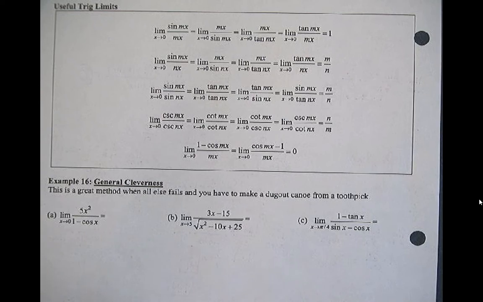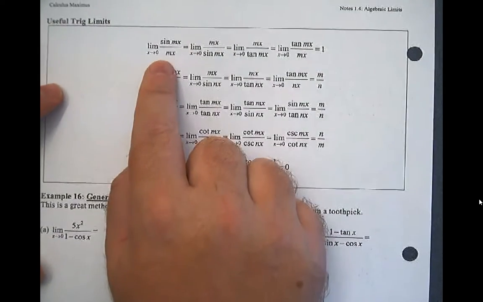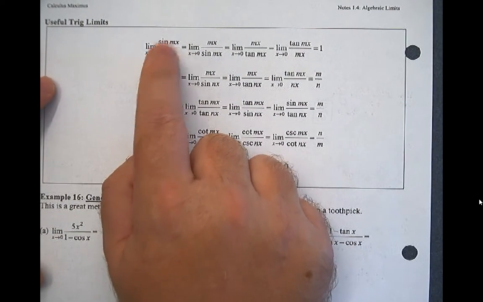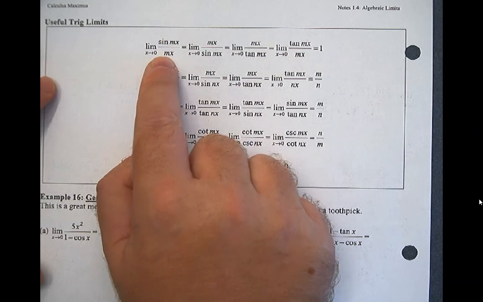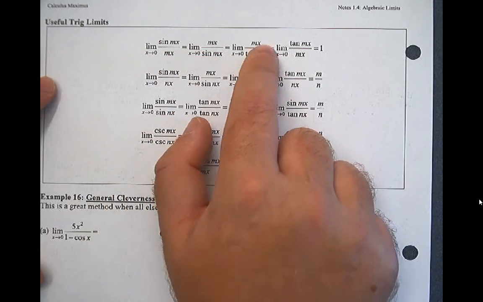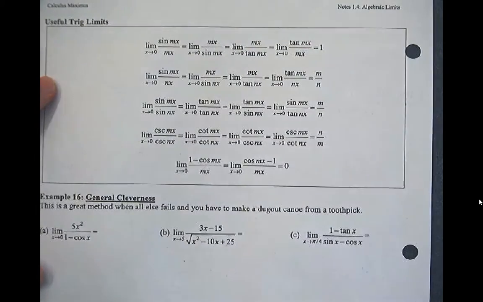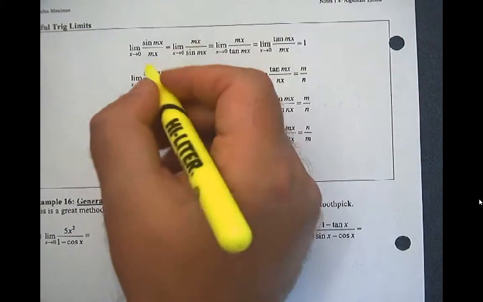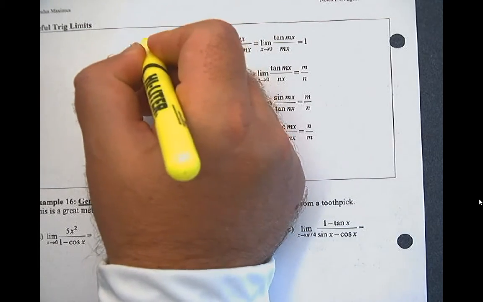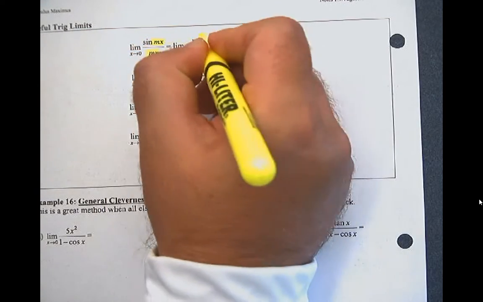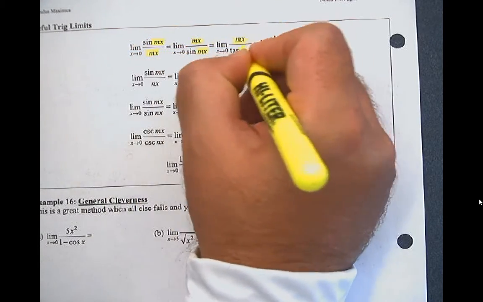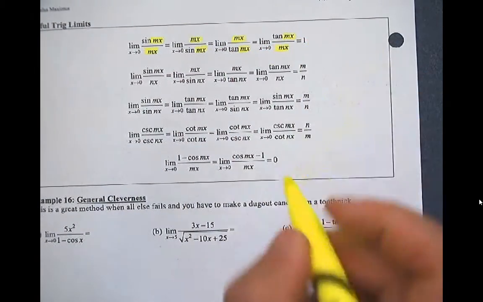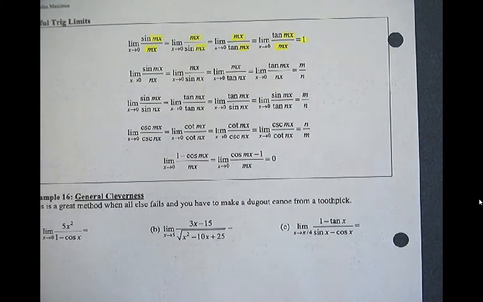So this is just his list of all the things that you should have memorized. It's basically saying sine of anything over that same something, or the reciprocal of that, or tangent, same pattern, is 1. This is the thing that he recommended memorizing. So if they're the same for sine or tangent, it's going to end up being 1.